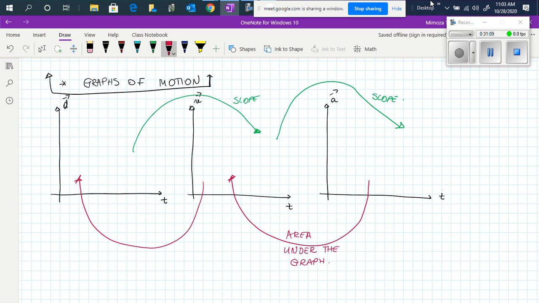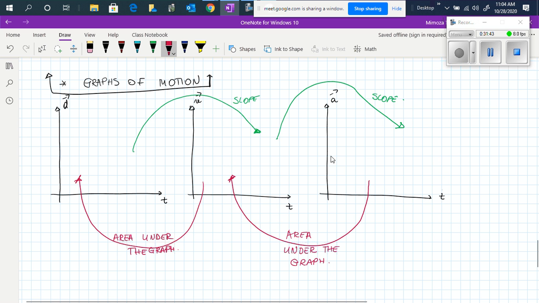The same thing we do when we are calculating the displacement time graph or the position time graph based on the information that we have from the velocity time graph. And again, the area under the graph can be positive or negative. If it is positive, then either the velocity is positive or the displacement is positive. And if it is negative, then either the velocity is negative or the displacement is negative.